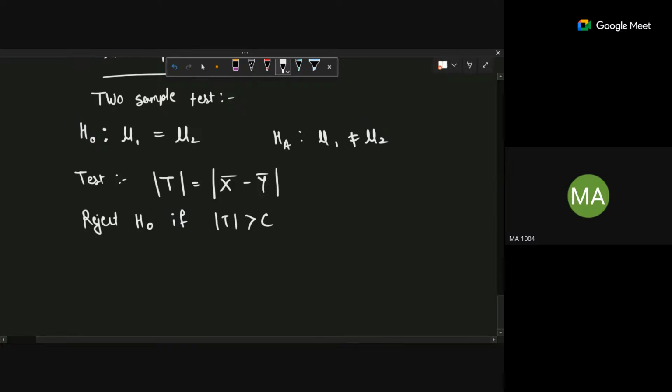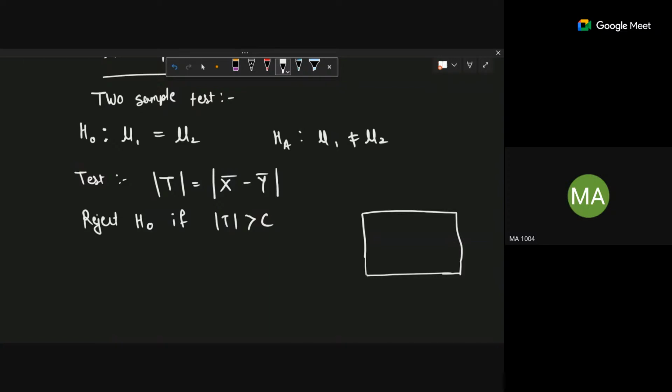In statistics, what do we do? There are many men and women in the world, so we cannot check every individual's time spent on social media, in terms of hours per week.